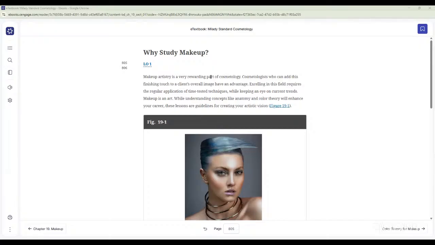So makeup artists will not have to go to school. 9 times out of 10, they're going to follow everything else, which means they're going to have a separate certification, and also it's probably going to include a high level of sanitation, disinfection, and infection control, and that certification to be registered with the state of Tennessee.